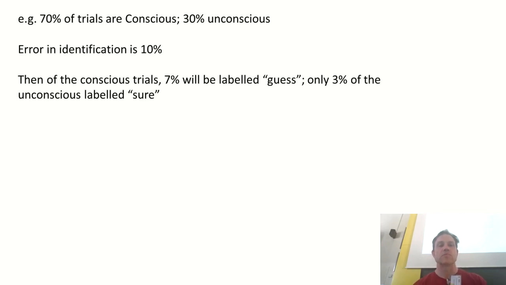So let's take a particular case, and I'll work through the numbers. And then from the numbers, you'll see a solution, basically. So let's say 70% of trials are genuinely conscious. Say, in the sense we're using subjective measures, that they give an answer and they feel some confidence in their answer.